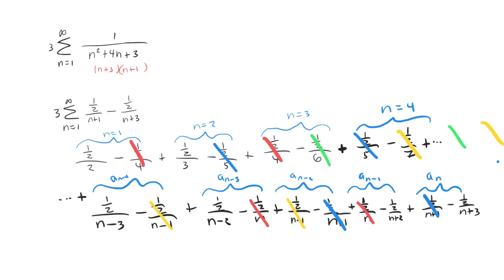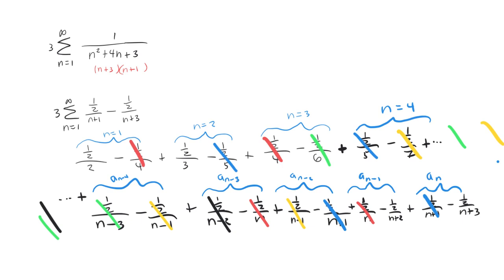And what you would see is that this n-2, the leading term over here, would have been over n-2. So this one would have canceled with something over there. So that would have canceled with something here. And this n-3 would have canceled with something way back as well. So I'm going to use green for that. Okay.